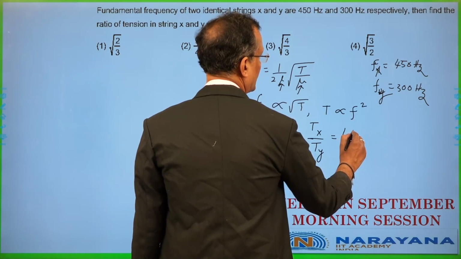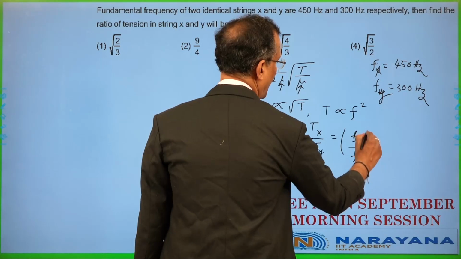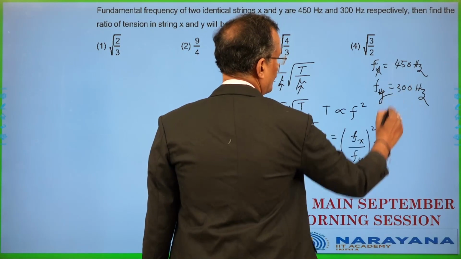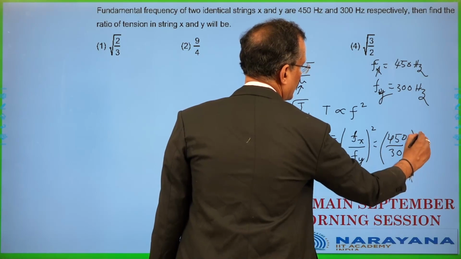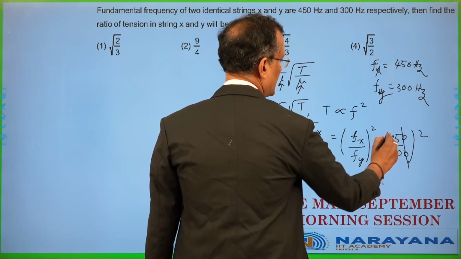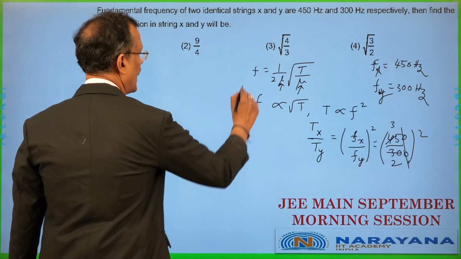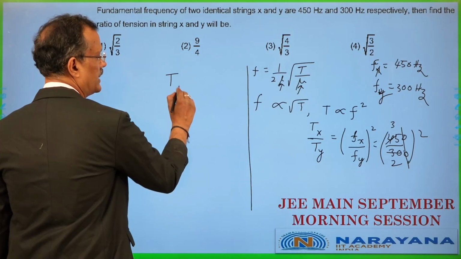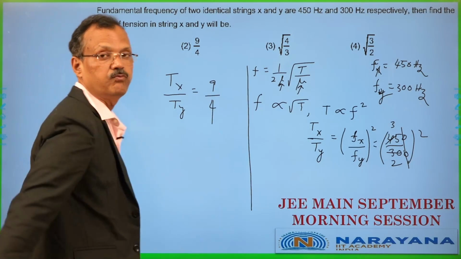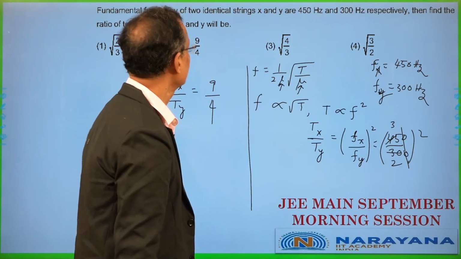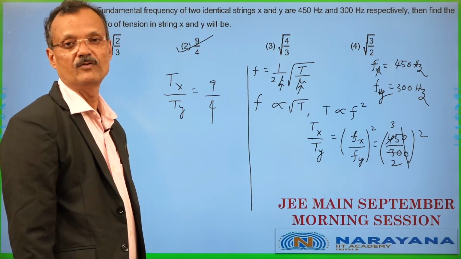So you will have Tx, Fx by Fy squared, 450 by 300 squared, 0 cancel, 3 times 15, 2 times, I am getting now Tx by Ty 9 by 4. Clear? Check here. Answer is number 2, 9 by 4.